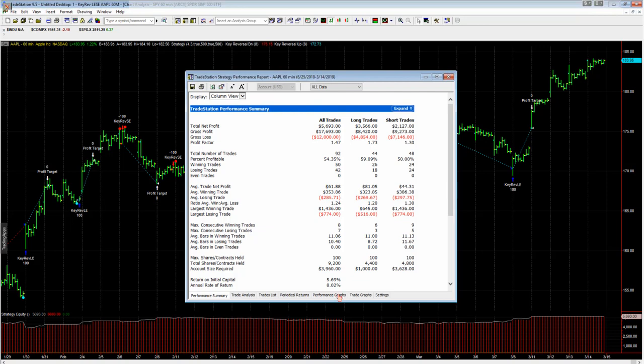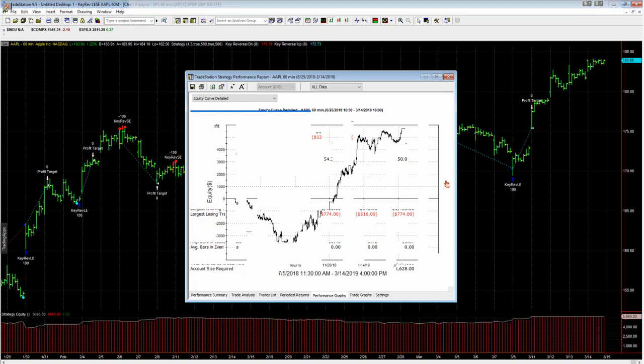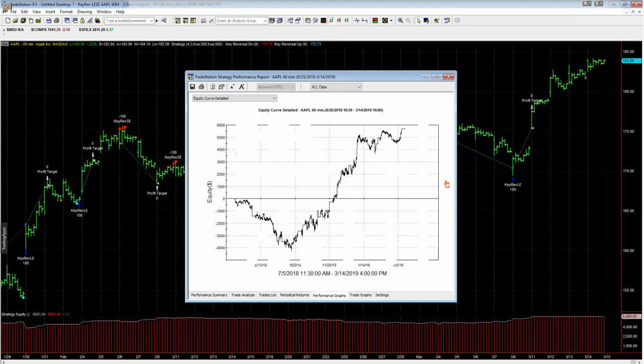If we look at the performance graph, here we run into a little bit of trouble. We can see that we had a really significant drawdown for the first part of the backtesting period, and then we did well after that. So, one of the things you always want to ask yourself when you look at the equity curve is, if I started trading this strategy, would I be comfortable if I entered at any point on that equity curve?